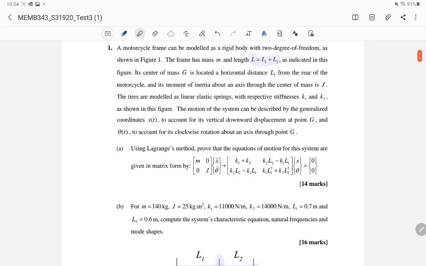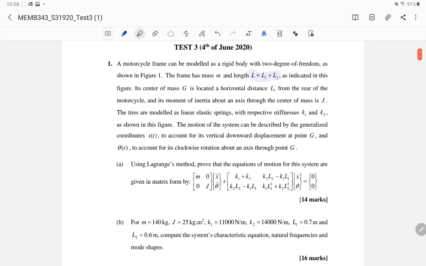Things to note when you read the question: you have to look at which way is positive. Normally it's stated in the question. The center in the question is G, with horizontal distances L1 and L2.